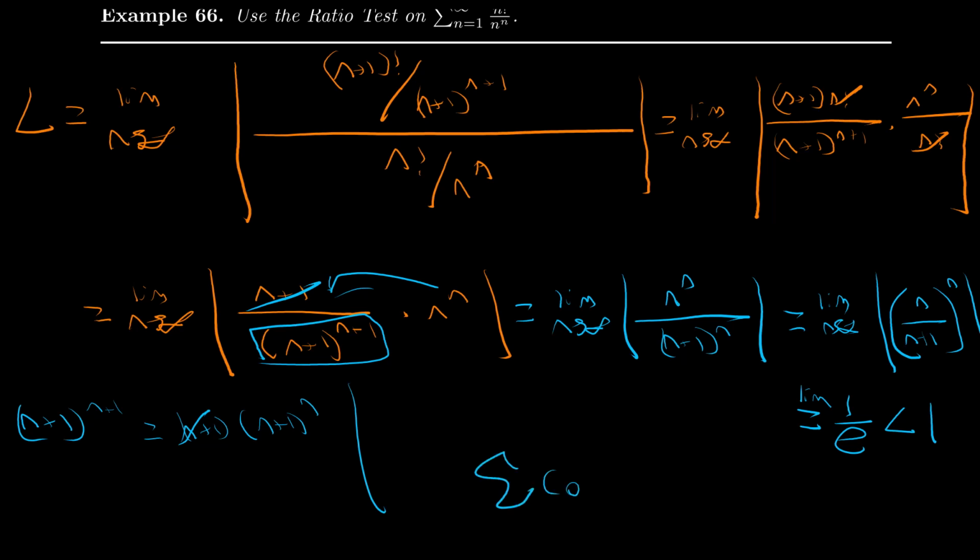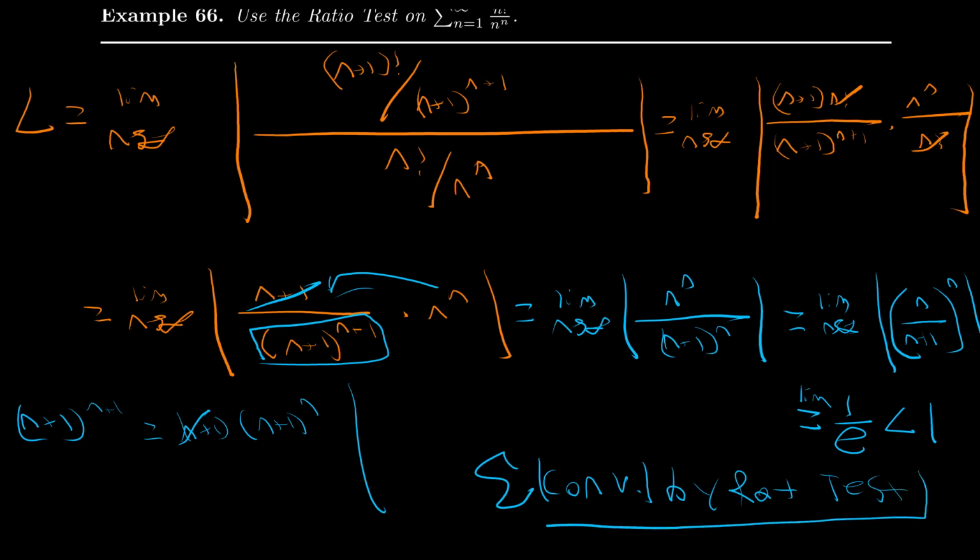The series converges absolutely by the ratio test. And if you want to say with L equals 1 over e, you can. But that's so cool, and that's just being able to recognize some facts about how you want to simplify that.